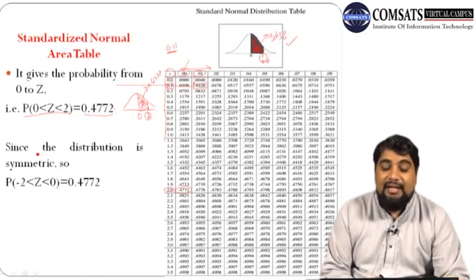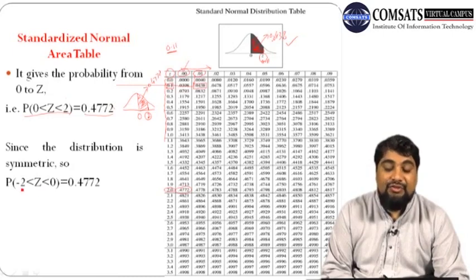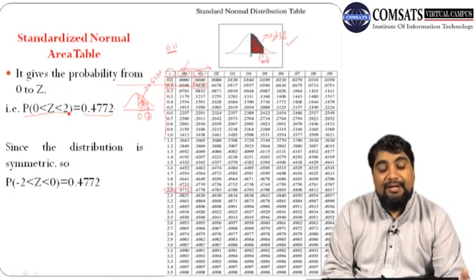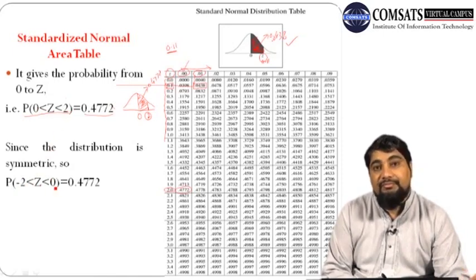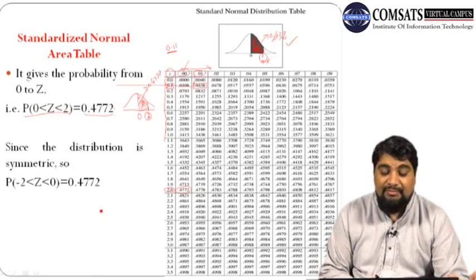Since the normal distribution is symmetric, the probability that the random variable z lies between -2 and 0 and between 0 and 2, both probabilities will be the same.